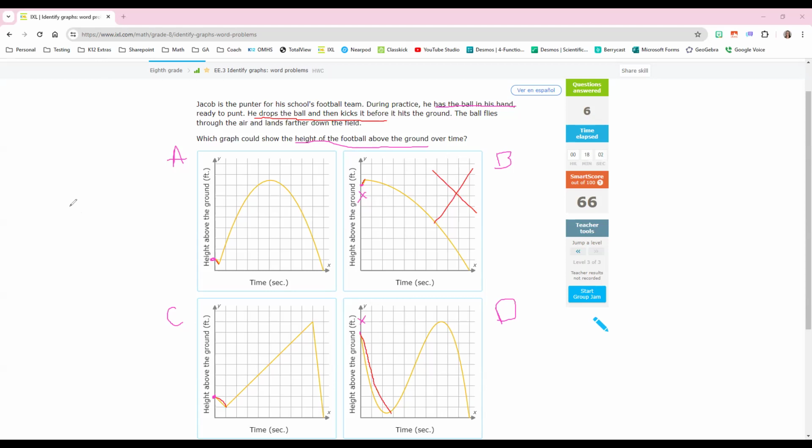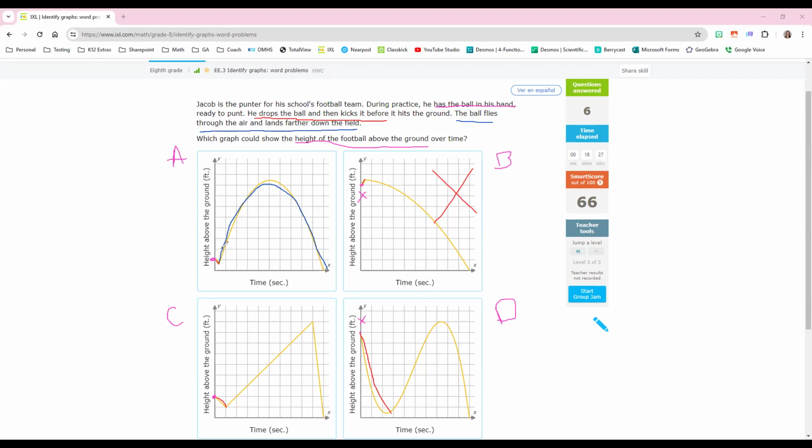All right. And so our next step is the ball flies through the air and then lands farther down the field. Well, if you're kicking a ball, it's going to go up in the air and then come back down. It's going to have that little arc. So I'm really liking A because it's not like it ever stops.